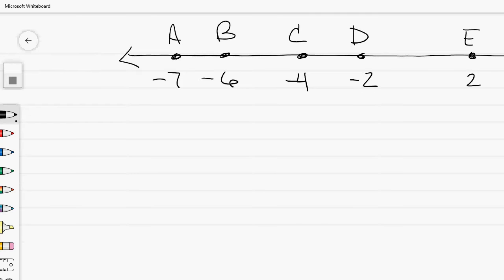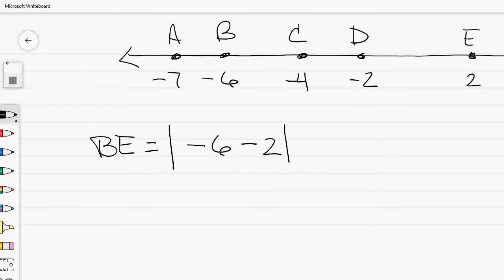All right, in this case, you're asked to use the number line to find BE. So you go BE. The distance from B to E would be the absolute value of the difference of the coordinates. So B to E would be the absolute value of -6 minus +2.